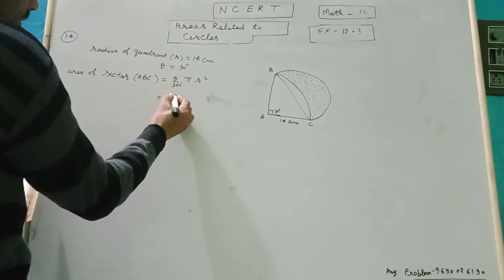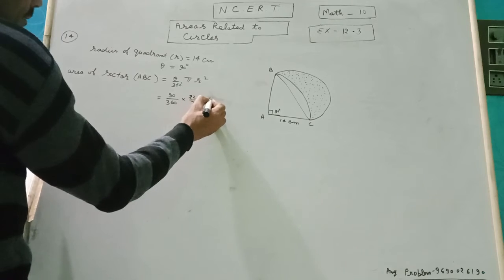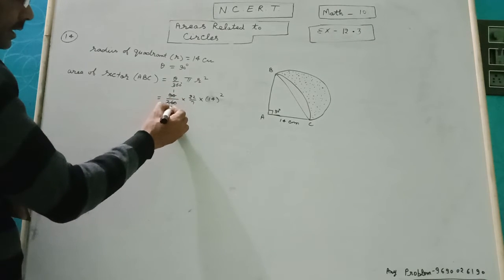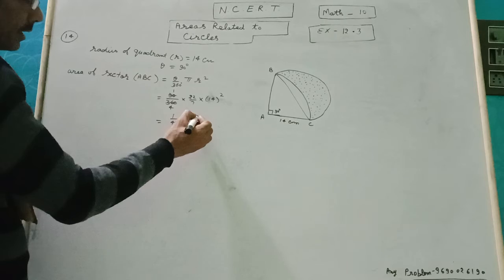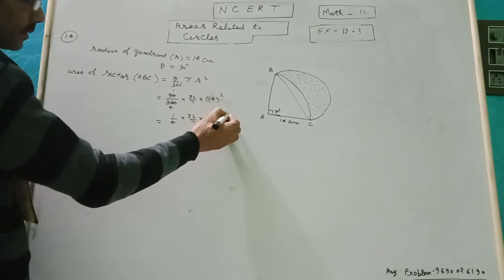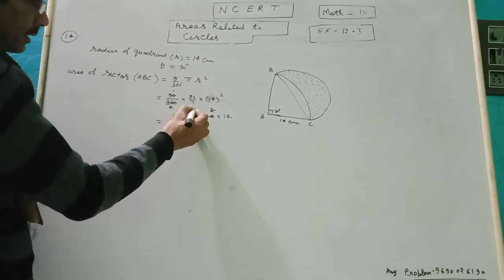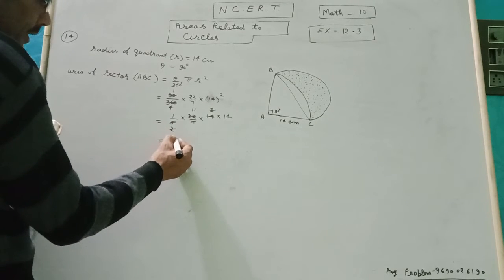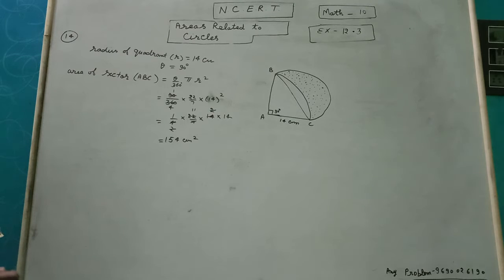Theta value is 90 upon 360, pi value is 22 upon 7, r value is 14. 1 upon 4 into 22 upon 7 into 14 into 14, which gives 154 cm square, the area of the sector, which is the unshaded part.